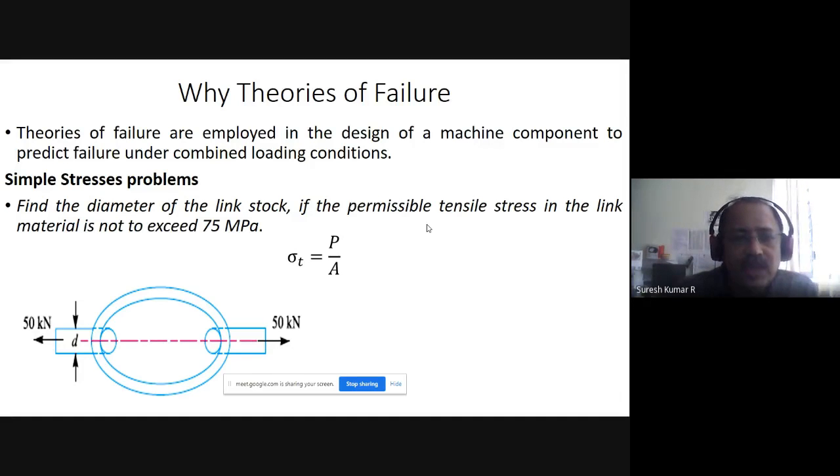Now, the type of stress that is induced here is tensile stress. So if I have to find out the diameter, A is equal to pi by 4 d square. It is easy for me to find out the diameter because I know what type of stress is induced. It is a tensile stress.